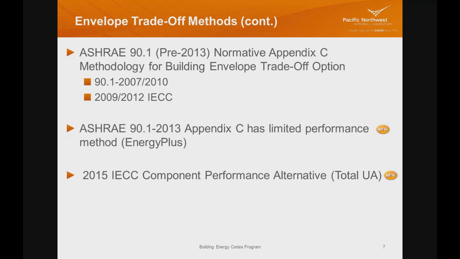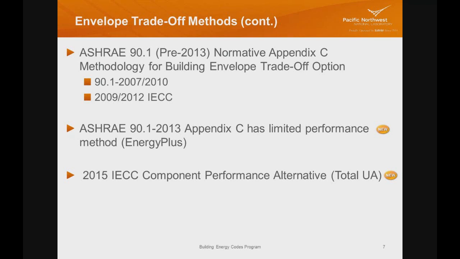Now, the 2013 edition of ASHRAE 90.1 comes along and introduces a whole new way of determining the envelope compliance trade-off process or methodology. And that method involves a performance simulation tool called EnergyPlus.